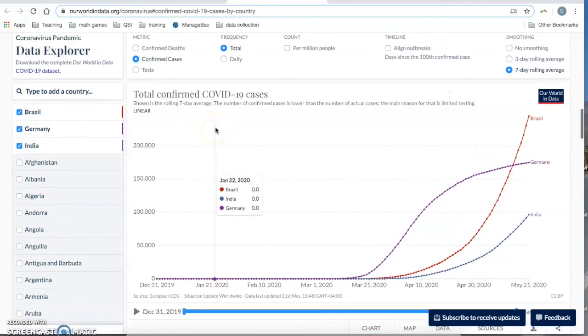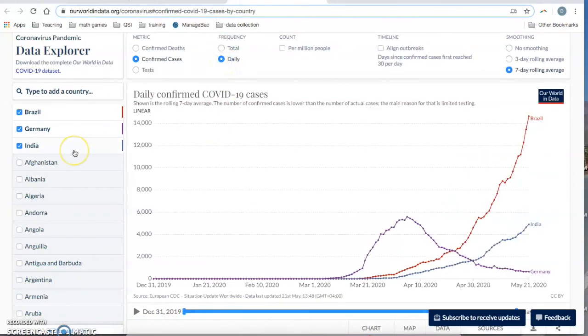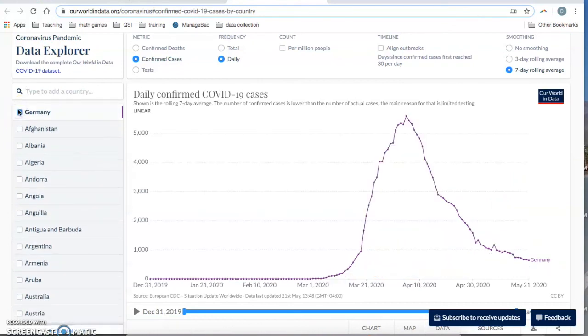So let's take one more look at that. Instead of looking at total confirmed cases, let's take a look at the daily cases. So if I look at daily cases for Germany, I'm going to take away India and Brazil. Look at what we've got here. You'll notice that now the function is decreasing quite steeply at first, and then it starts to flatten out a little bit here.